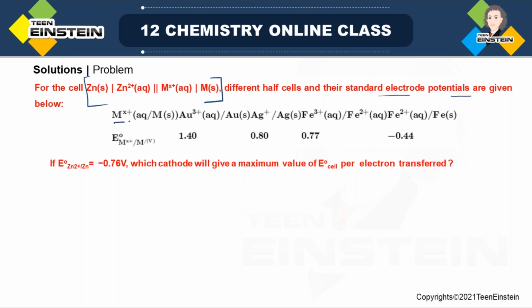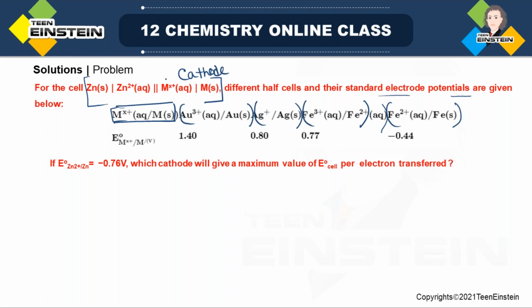So here M systems, it may be gold 3 plus to gold, silver plus to silver, Fe3 plus to Fe2 plus, and Fe2 plus to iron. So total 4 systems are given that may be in the cathode side.